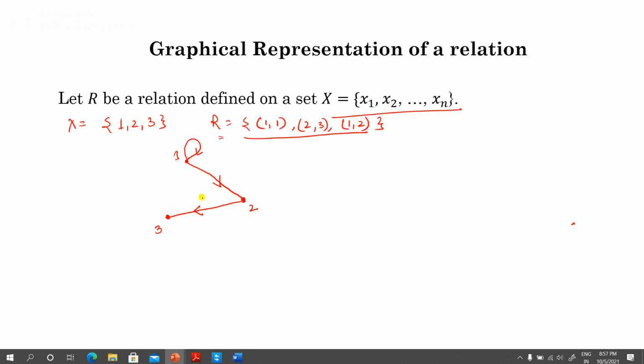Similarly, you have to check for all these edges. Now for transitive, if there is an edge from vertex x to y, and again an edge from y to z, then there must be a directed edge from x to z. So in this way we can check whether the relation is reflexive, symmetric or transitive.